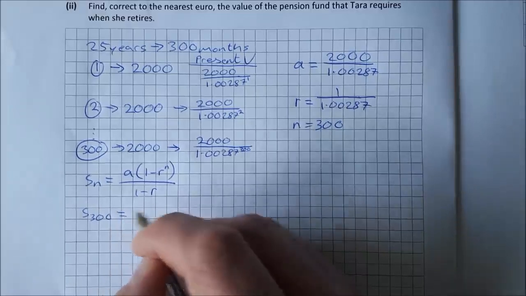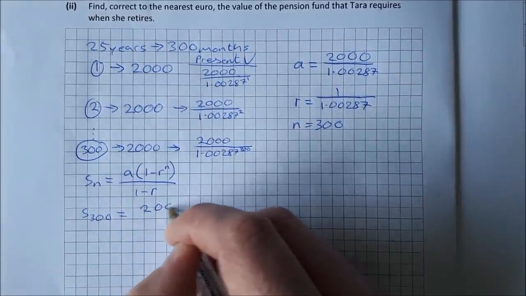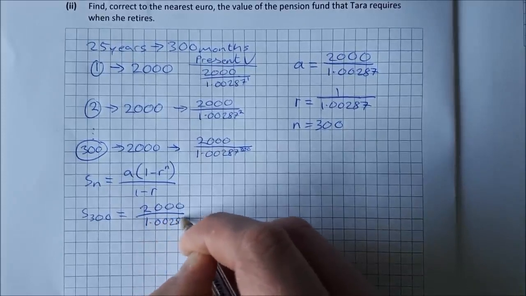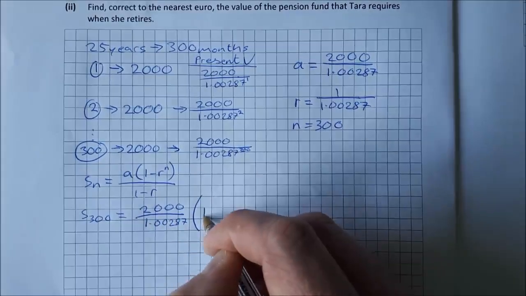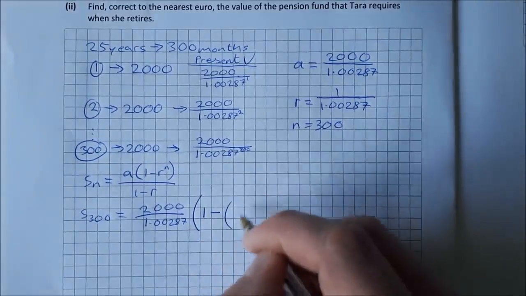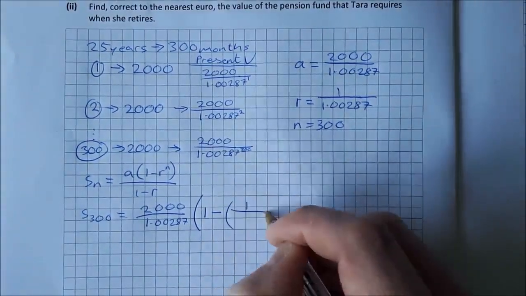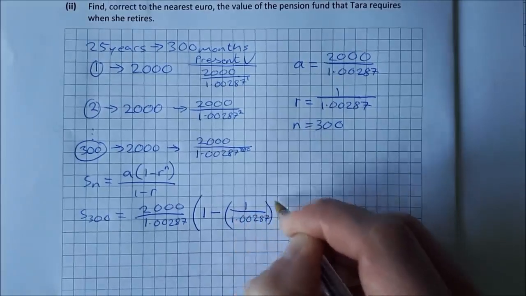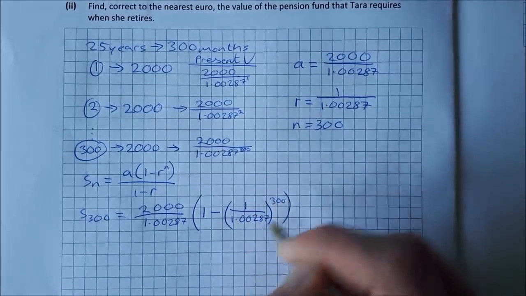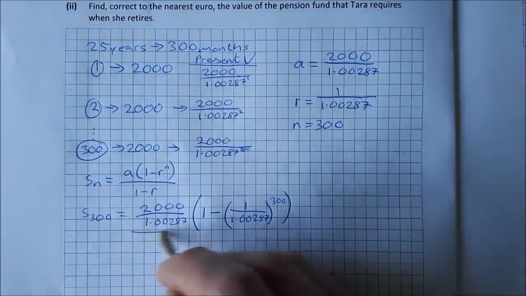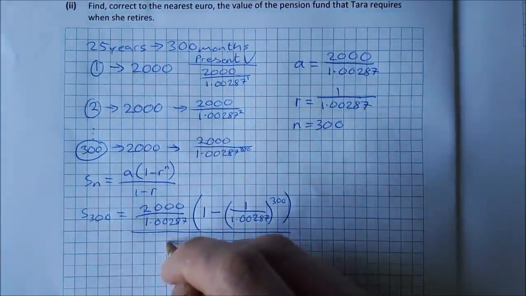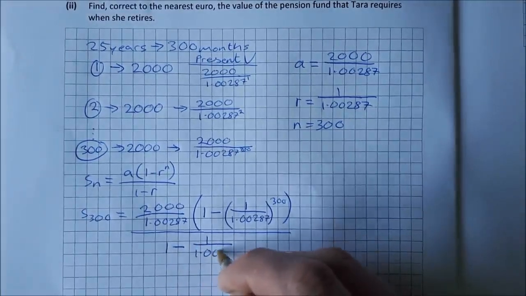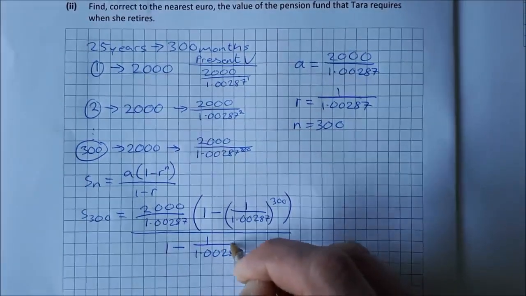So the S of 300 is 2000 over 1.00287 times 1 minus 1 over 1.00287 to the power of 300, and then this is all over 1 minus r, which is 1 over 1.00287.